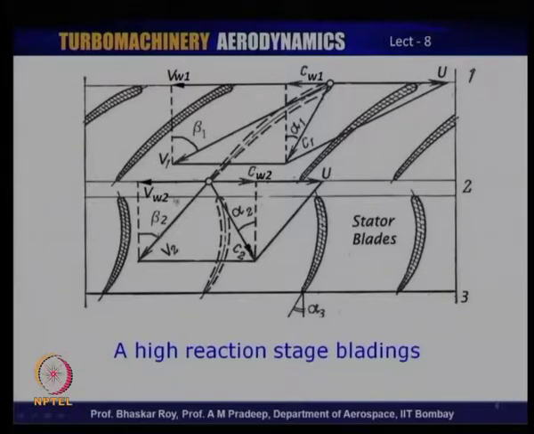It is not doing any diffusion at all. So, diffusion in the stator is 0, all the diffusion is occurring in the rotor if it is 100% reaction. And the stator is just a set of turning vanes. So, high reaction stage blading is another choice, and for many years it was the 100% reaction blading which many people have been using, and that is their design choice, in addition to, let us say, free vortex.